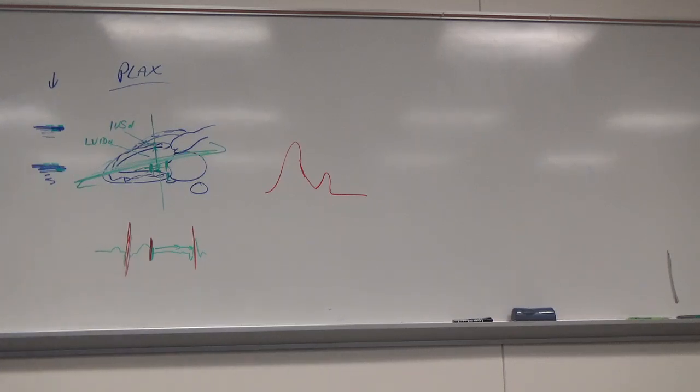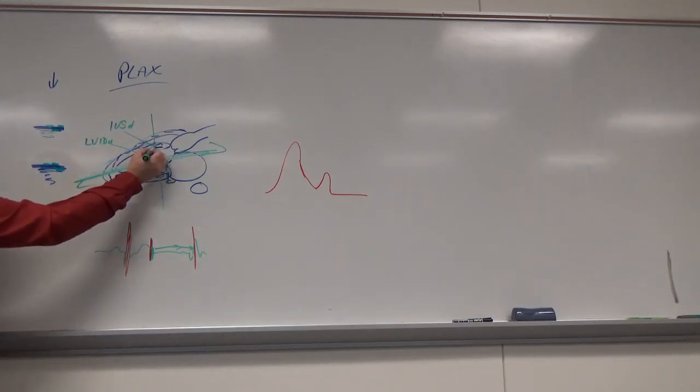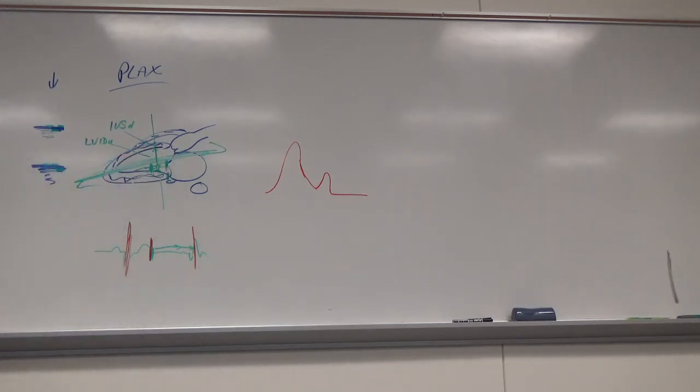Inter, not intra. These are all going to be technically leading edge to leading edge. So if I'm measuring the wall, it's the very leading edge of that last line that I see. For the interventricular septum, yes, it's leading edge to leading edge, technically. But it's really right on it.